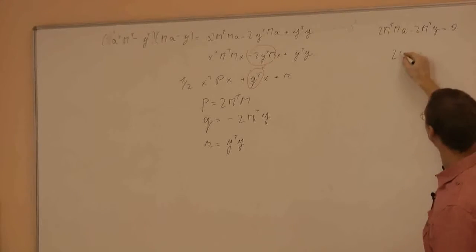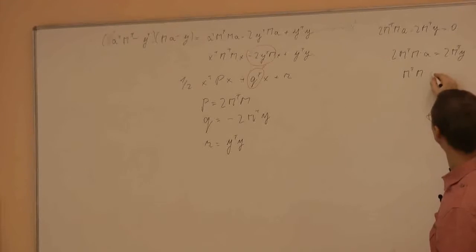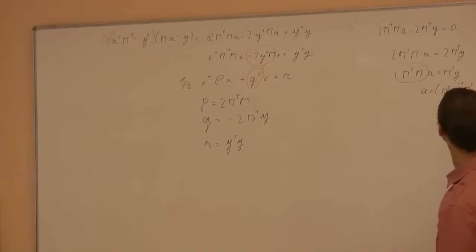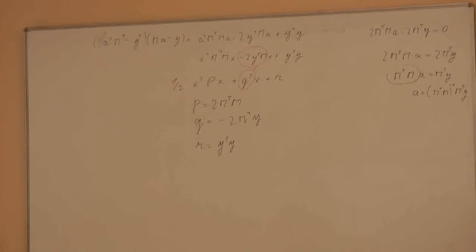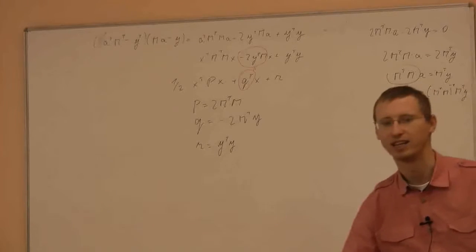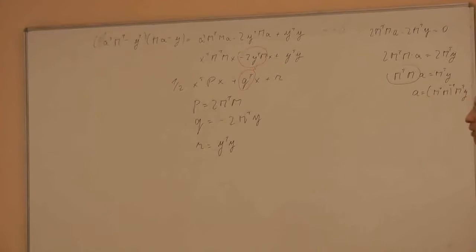So we have 2 M transposed MA equal to 2 M transposed Y, we can divide by 2, and we can take the inverse of this matrix here. And we have the solution. So actually we can find the solution to the fitting problem analytically. We don't require a solver for that.